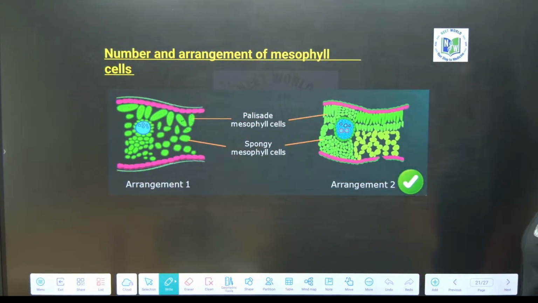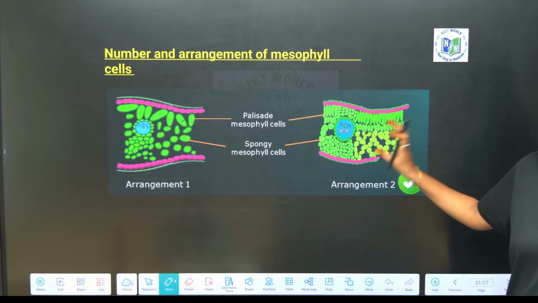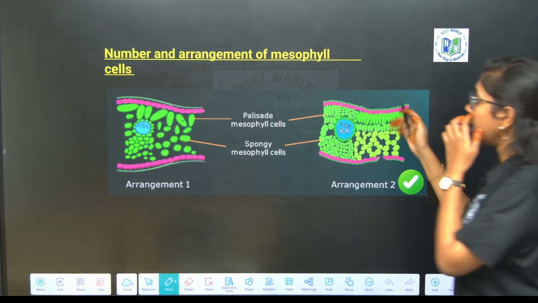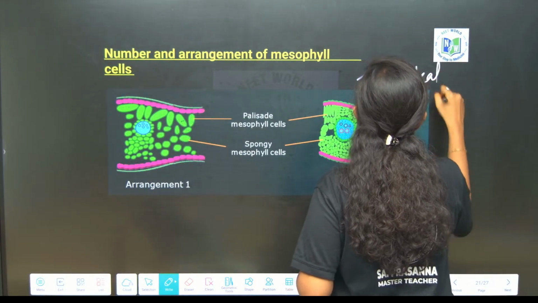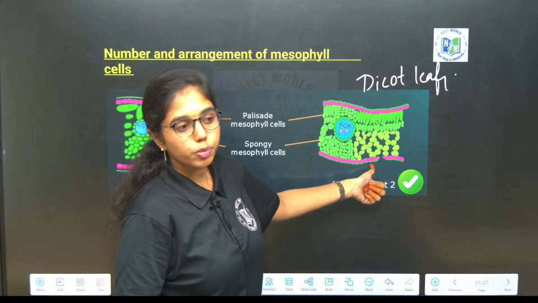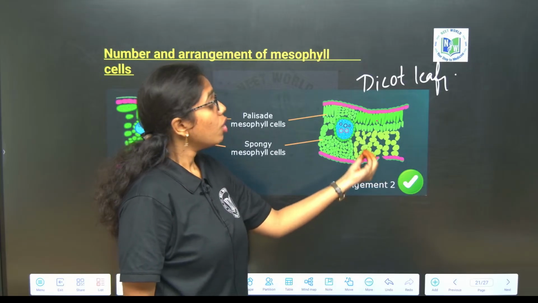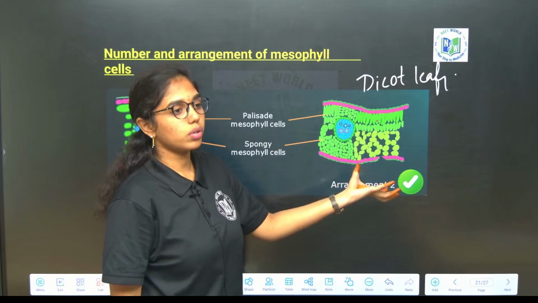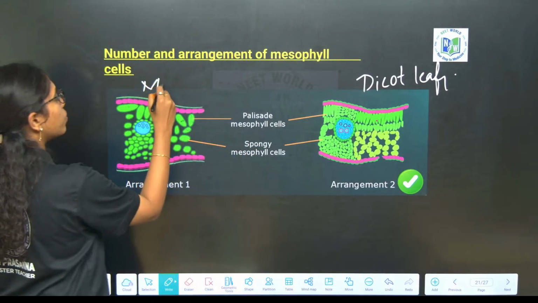Listen, number and arrangement of mesophyll cells. Mesophyll cell differentiation you will observe in the dicot leaf. In the dicot leaf, mesophyll differentiation is observed as palisade parenchyma and spongy parenchyma, which will increase the rate of photosynthesis. Whereas just spongy parenchyma arrangement is observed in what?